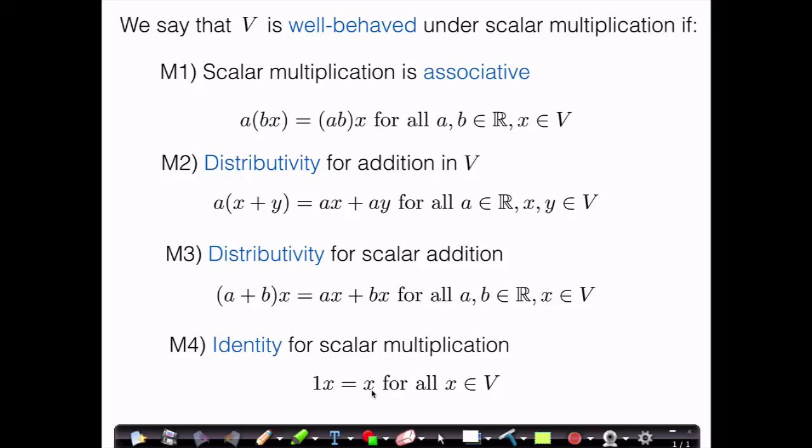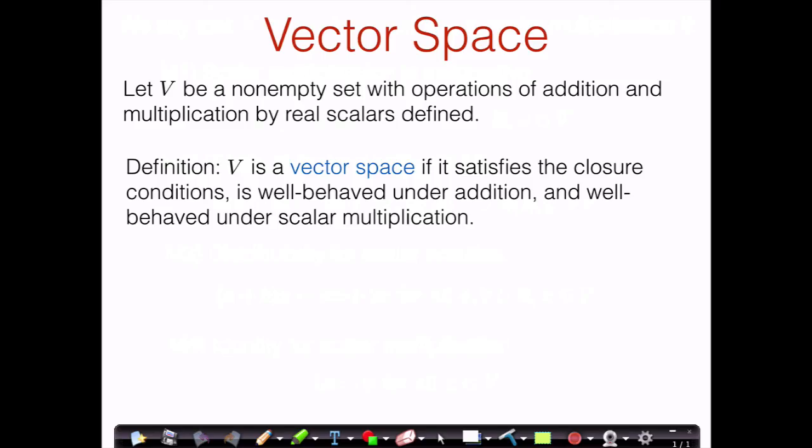Okay, so that's all the 10 conditions. So now we can actually define what a vector space is. So let V be a non-empty set that has some operations of addition and scalar multiplication defined. Then we say that V is a vector space if it satisfies the closure conditions, so it's closed under vector addition and closed under scalar multiplication.